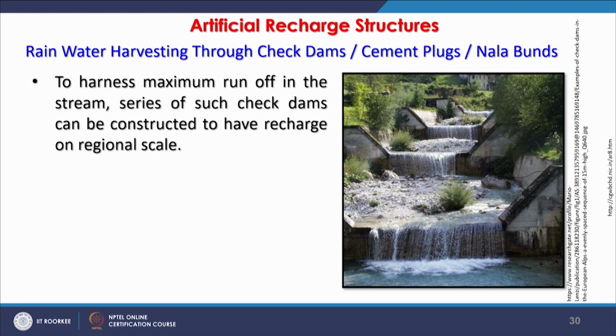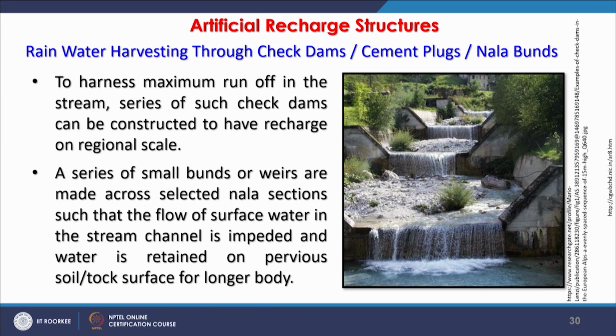A series of such check dams, cascading dams, can be constructed to have recharge on a regional scale. If such gentle slopes are available and a lot of water is available, this is the best way. It will also slow down erosion, which is another advantage in hilly terrains, because soil erosion is a big problem and soil is a valuable resource. That can also be minimized through these structures.